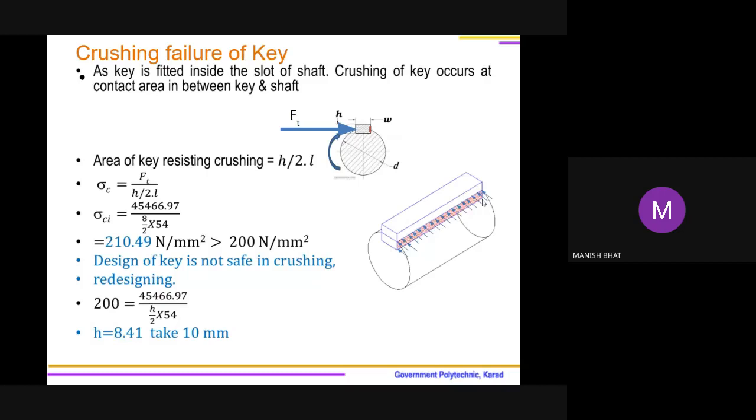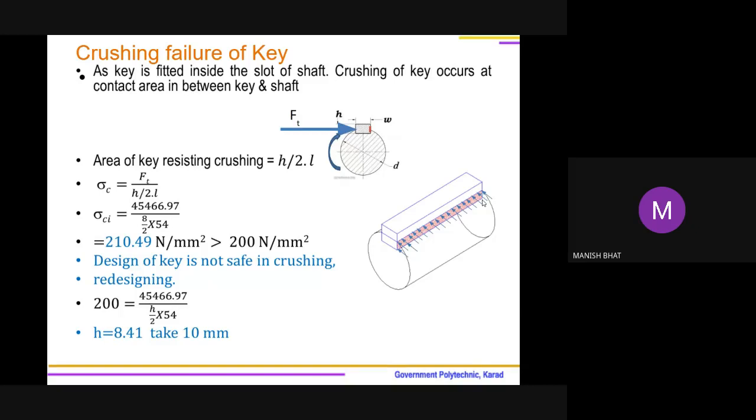But what is permissible? We have taken as 250. Okay, we have taken equal to tensile, but you know, crushing strength is always higher. It is 1.5 to 2 times sigma t. Sigma t is 100, so crushing should be 200.